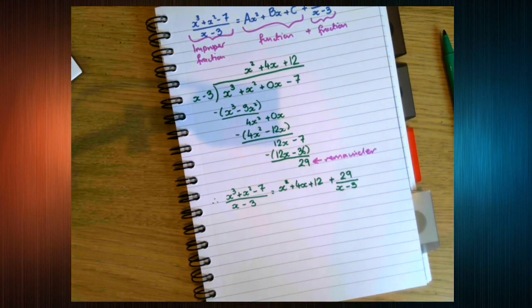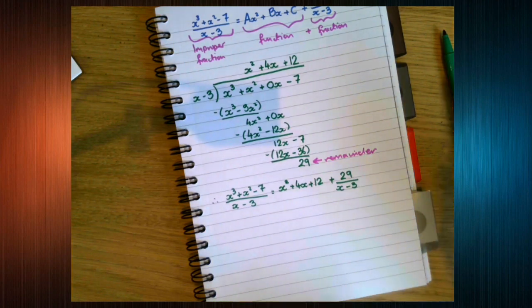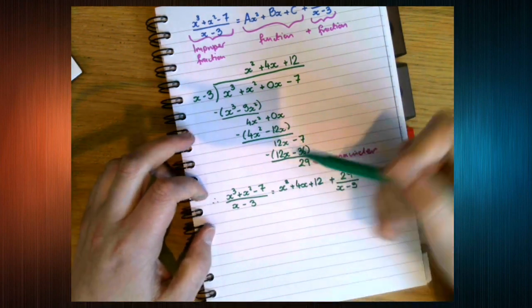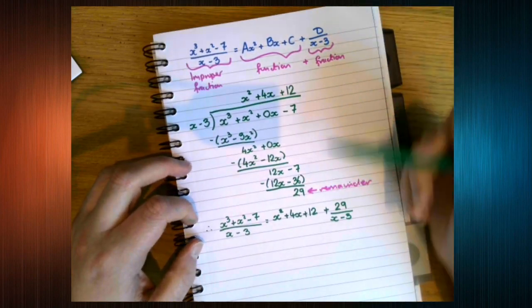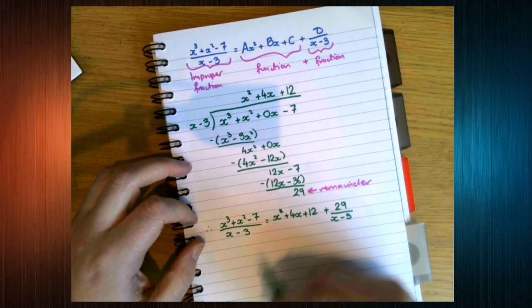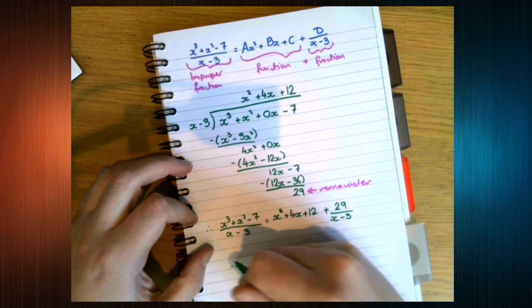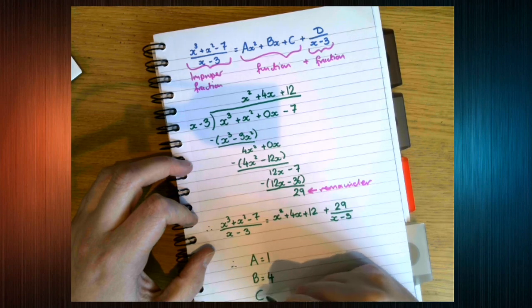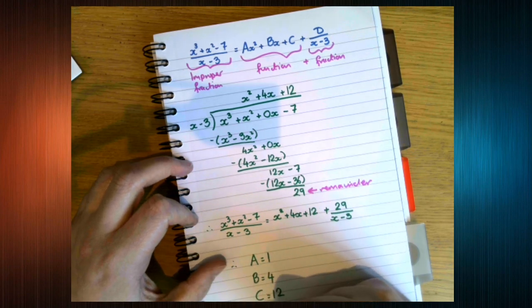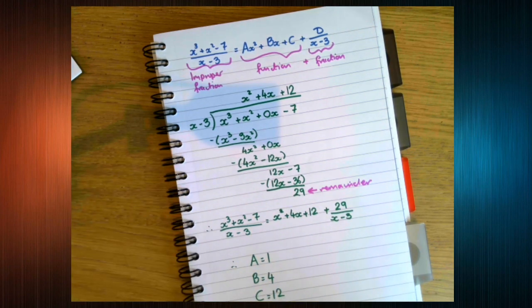So comparing that with the form that we want to get to, you can see hopefully we've got there. So therefore A is 1, B is 4, C is 12, and D is 29.